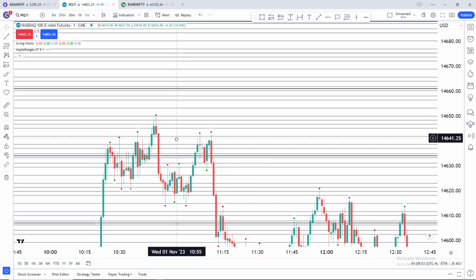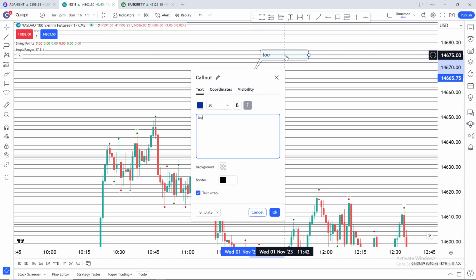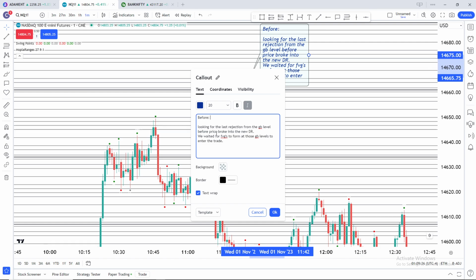Okay, so Model 2, what we were doing previously was we were looking for the last rejection from the GB level before price broke into the new DR. Okay, and then we waited for FEGs to form at those GB levels to enter the trade. Okay, so this was before.